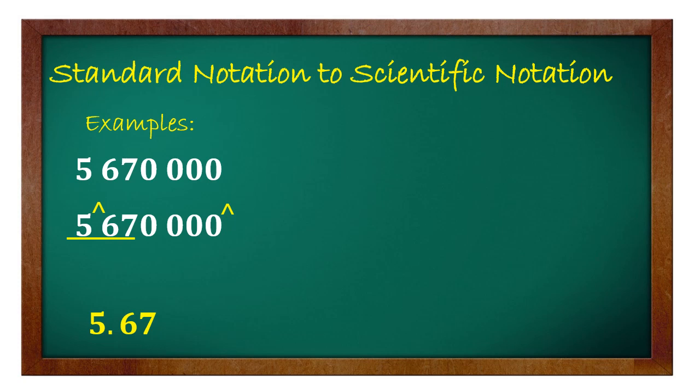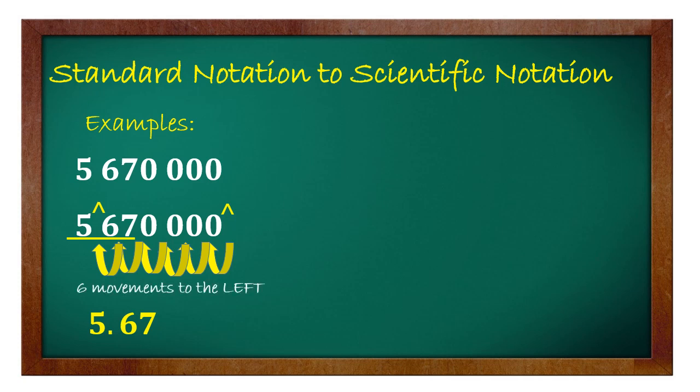So, mula dun sa original na decimal point natin, bibilangin natin kung ilan hanggang doon sa decimal point ng ating significant figure. So, we have 1, 2, 3, 4, 5, 6. So, meron tayong 6 movements to the left. So, ibig sabihin, to the left, positive. So, ang ating times 10 will become raised to positive 6. So, ang ating scientific notation will be 5.67 times 10 raised to 6.